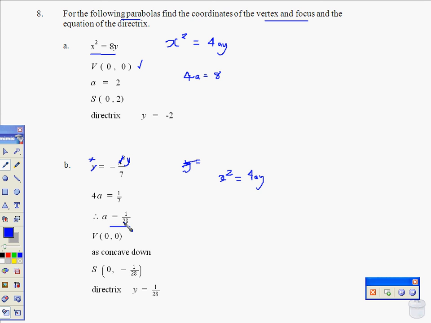The vertex is at the origin. It's negative, so it's concave down, so our focus has to go below the origin and our directrix rises above it. So we get 1 on 28 below, and 1 on 28 above.